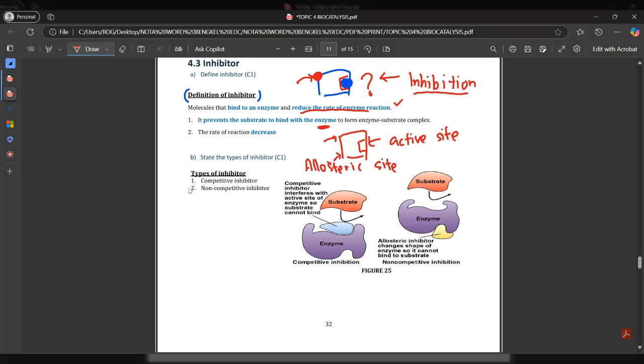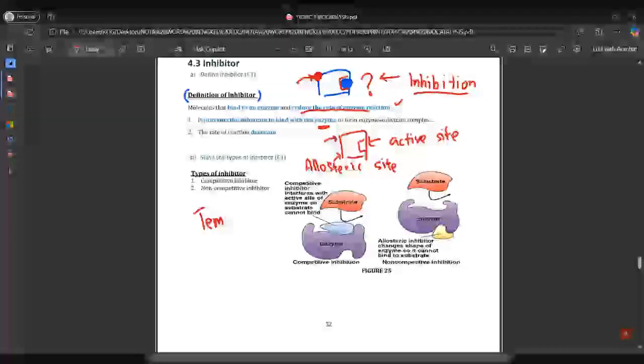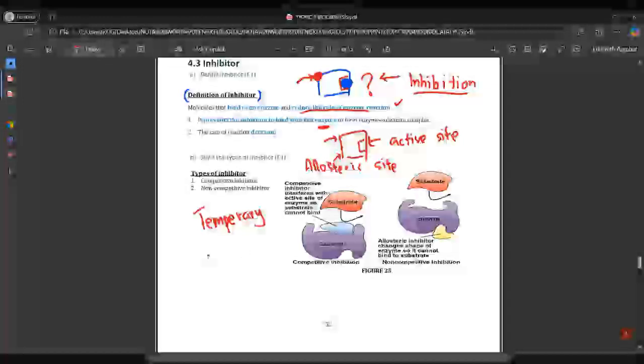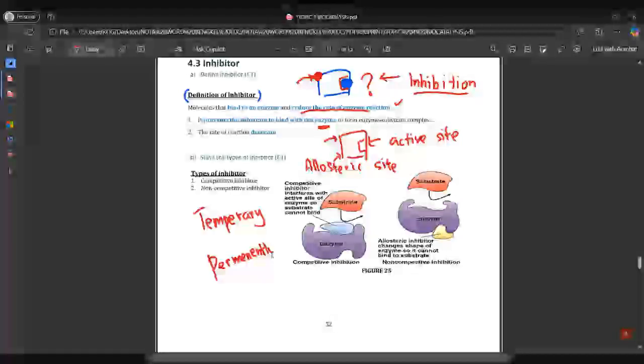Basically there are two types of inhibitor binding. Remember, inhibitors, the same as cofactors, can bind to the enzyme temporarily, or they can also bind permanently. Permanent binding means the effect is permanent.